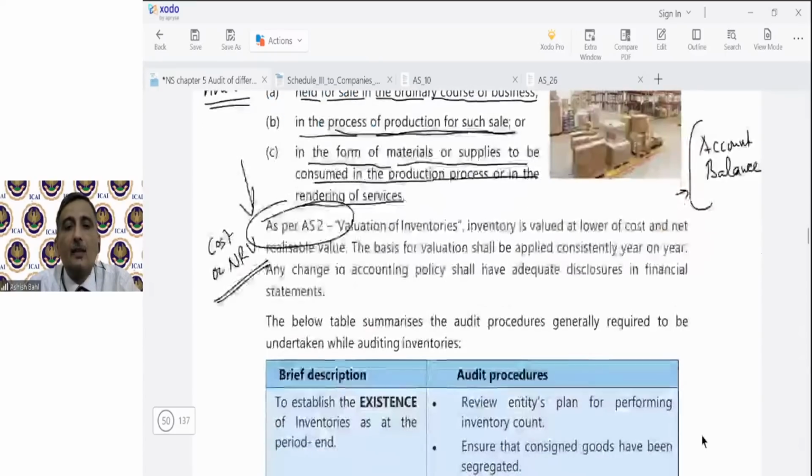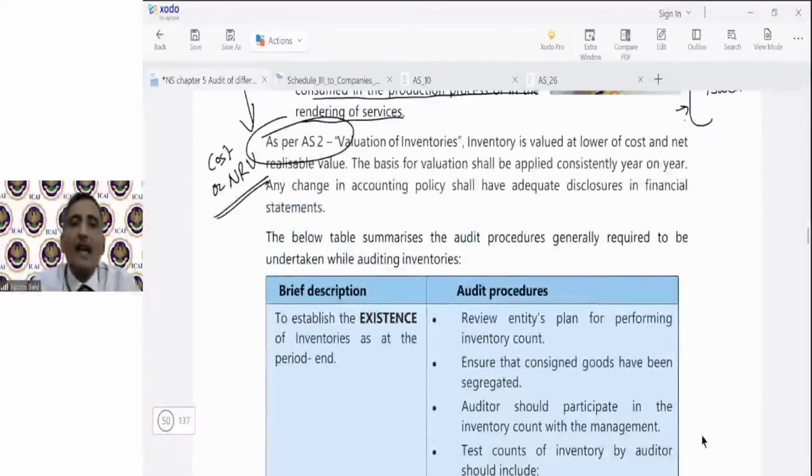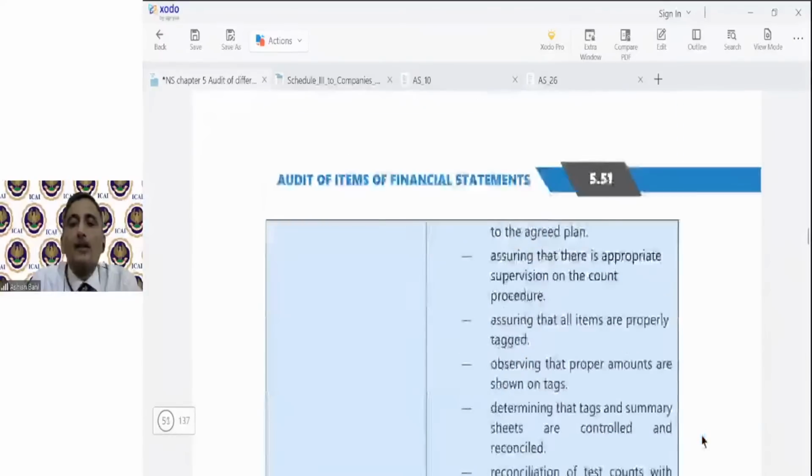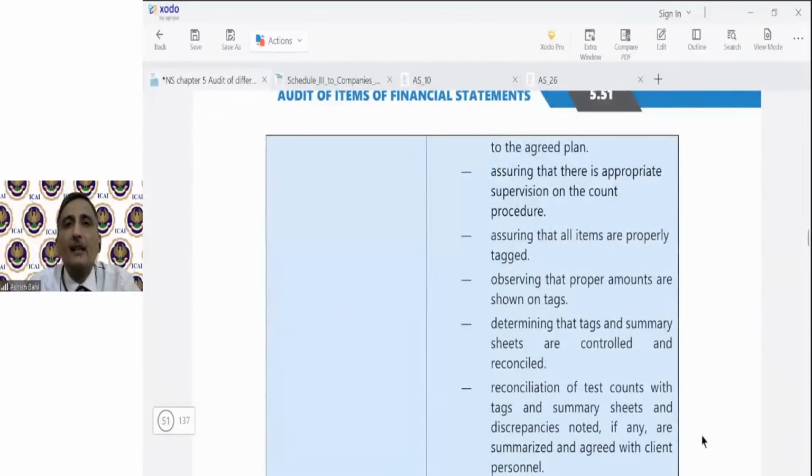Okay. So how would he verify the existence assertion? So students, you have to clearly understand that physical verification of inventories is the primary responsibility of management. This point has not to be lost sight of.